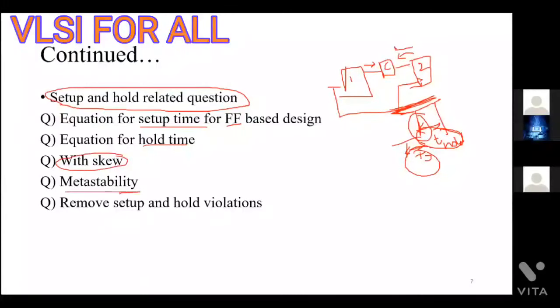And what is metastability? Like I have said, the input should be stable in the setup and hold window. If by chance the input is changed in this window, then there is a probability that the output enters some non-logical state. Instead of 1 and 0, it may land in some in-between value.